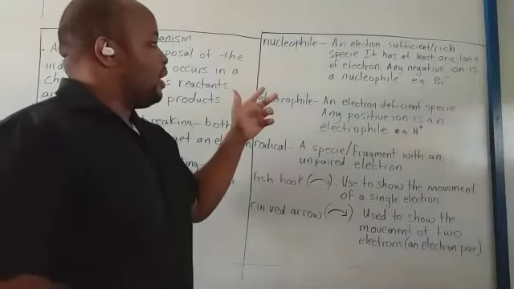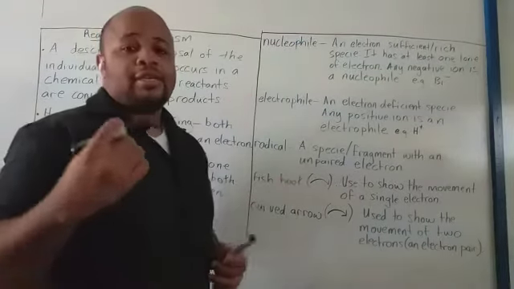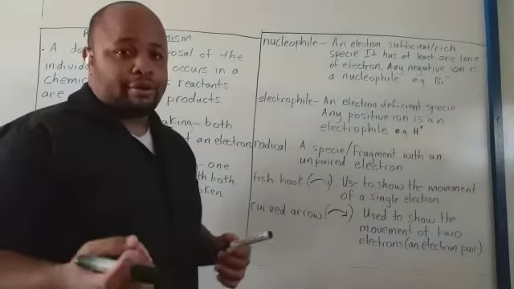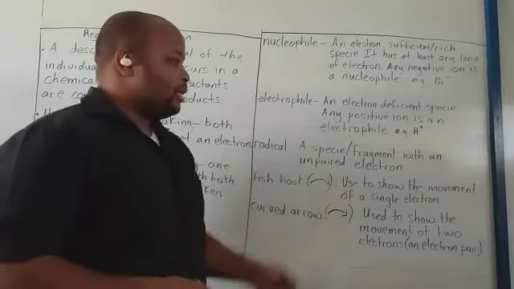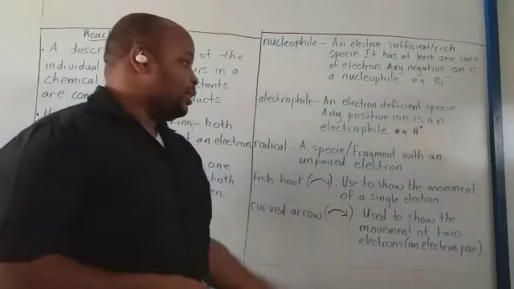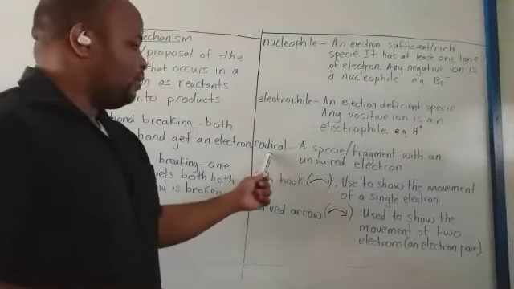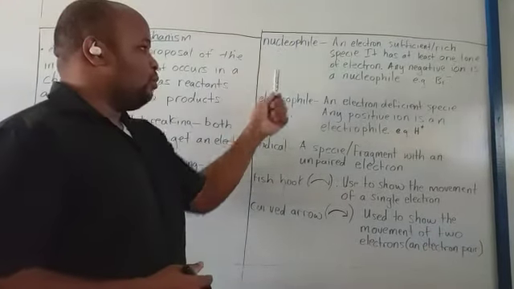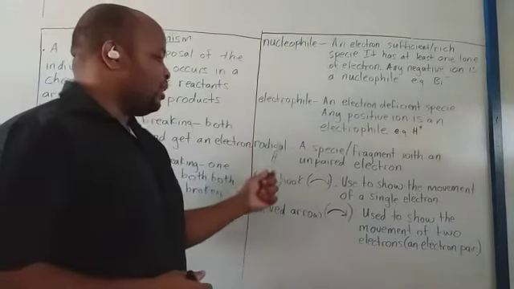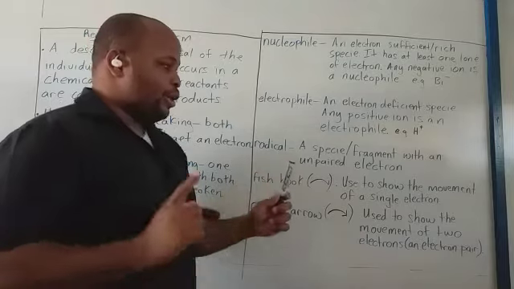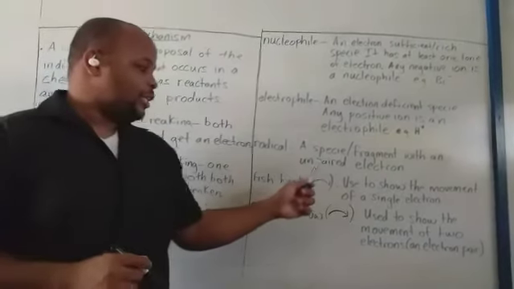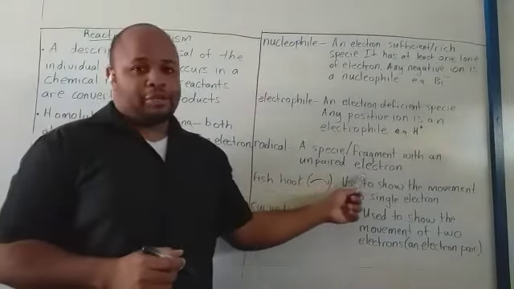So your nucleophile, electron rich, it has a negative charge or a lone pair. Electrophile, electron deficient, it will have a positive charge. A radical, now, you must pay careful attention to the nucleophile and the radical. The radical is a species with an unpaired electron.